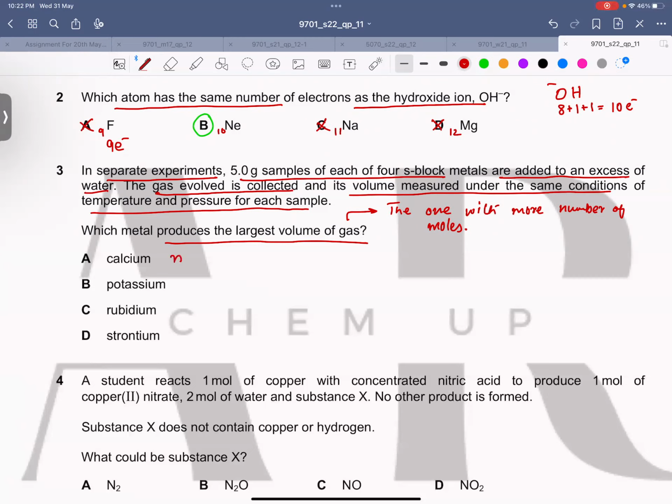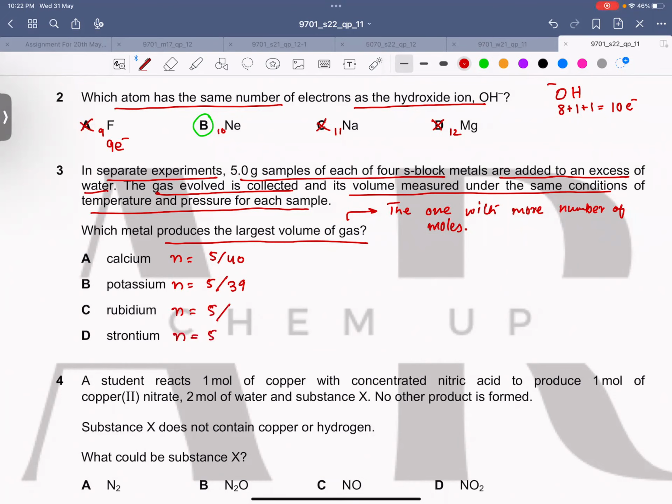So for calcium, it would be 5 over 40. For potassium, 5 over 39. For rubidium, can anybody tell me the Ar of rubidium?